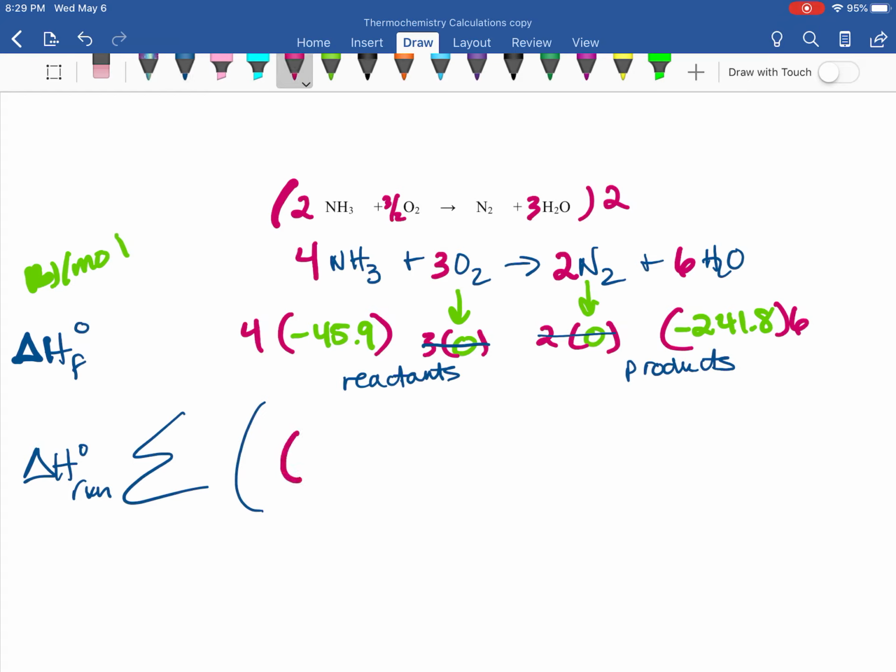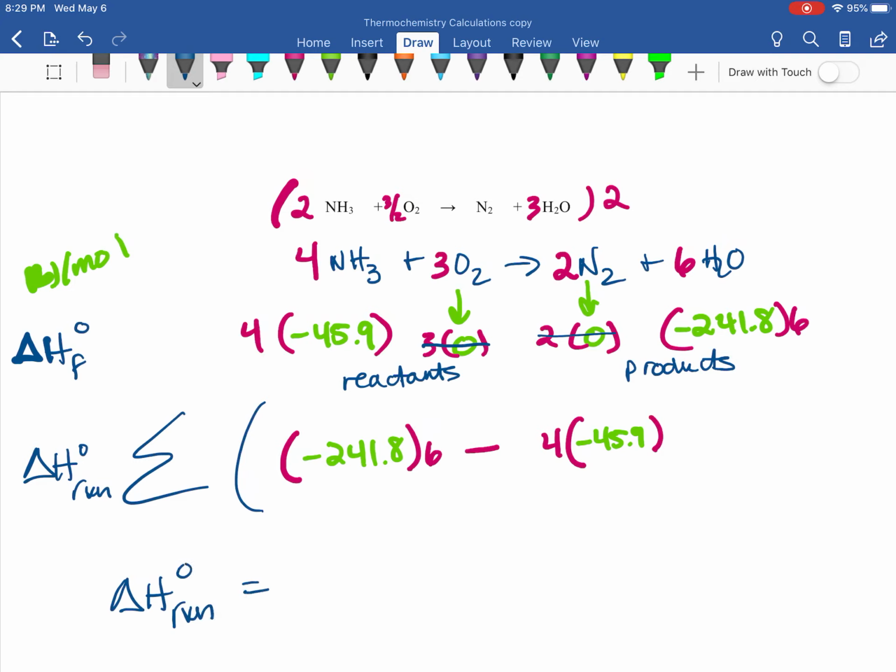Okay, so let's take the products. I've got a minus 241.8, but I have 6 of them. Minus reactants, I've got 4 of those ammonias. Okay, and now bust out your calculator.